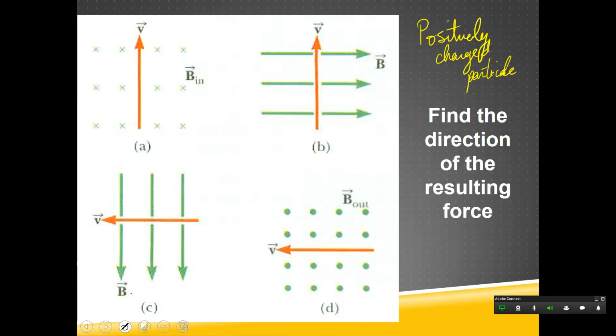B is magnetic. The variable B, capital B, is magnetic field. F sub B is magnetic force.